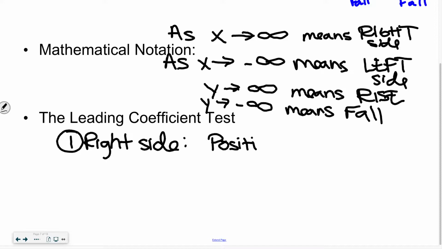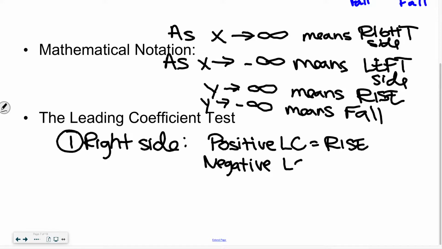A positive leading coefficient means the right side rises. A negative leading coefficient means the right side falls.